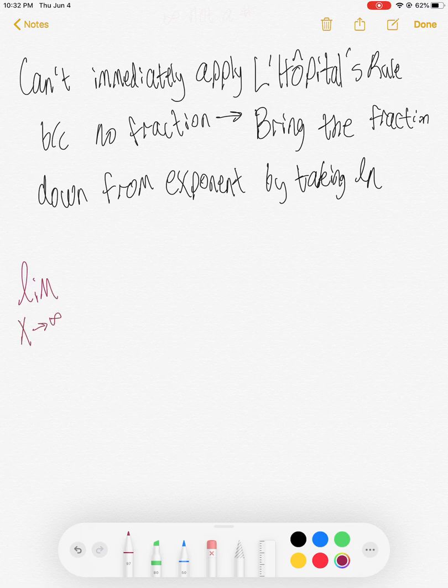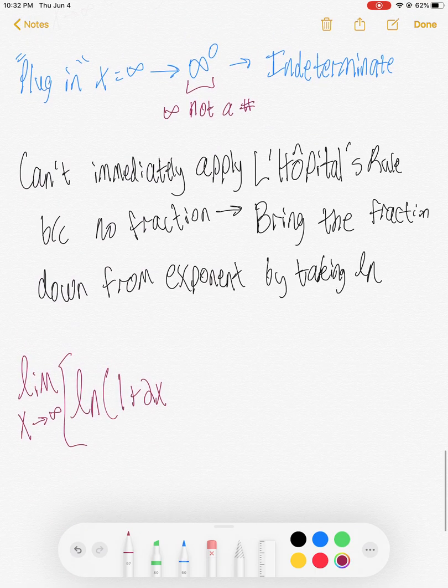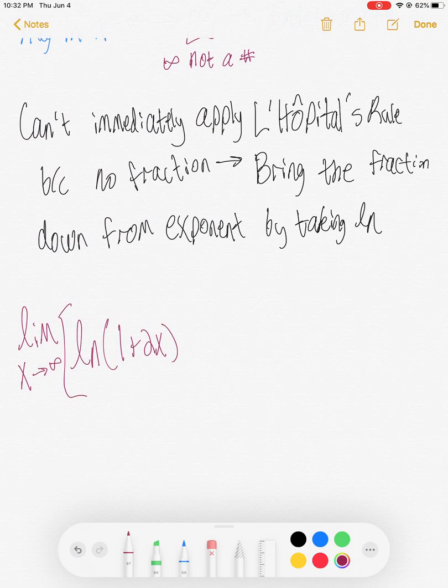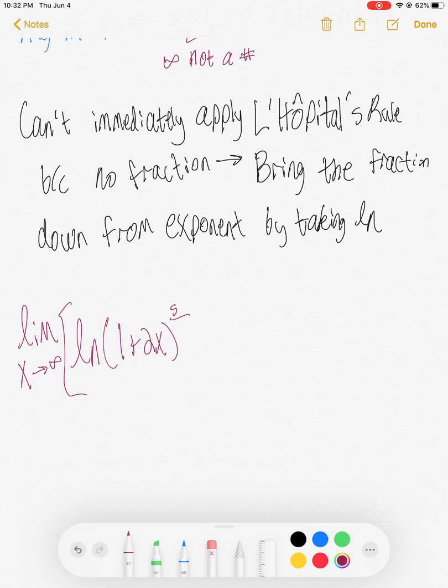I'm going to write it the same thing, basically: let's take the limit as x goes to infinity of the natural log, let me put that in parentheses, the natural log of (1 plus 2x) to the 5 over 2 ln x.